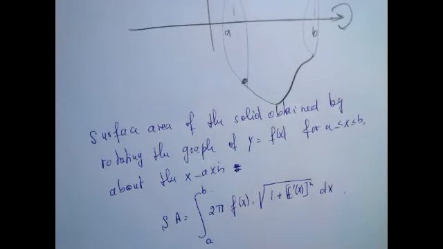And so the formula is 2 pi times the value of the function times the square root. This should remind you what we did in the previous section, dx.